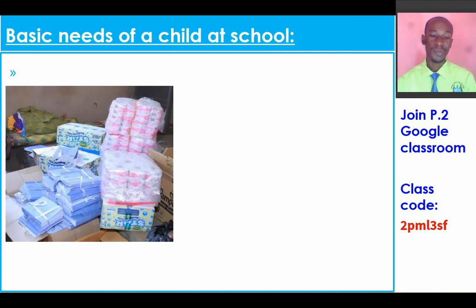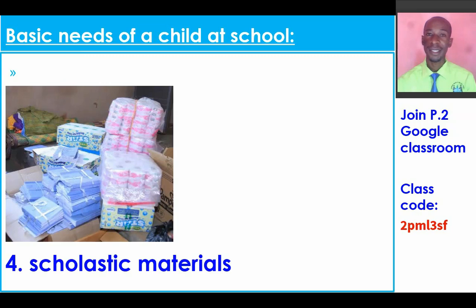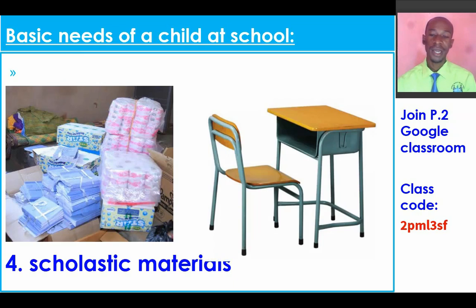What do you see? Toilet tissue, soap, books, reams of paper. So these are scholastic materials. Scholastic materials, the things that you use at school, which you are supposed to report with on day one when getting to school. Next, we have furniture. Furniture, there we mean the table and chair, or can be desk, can be a locker.